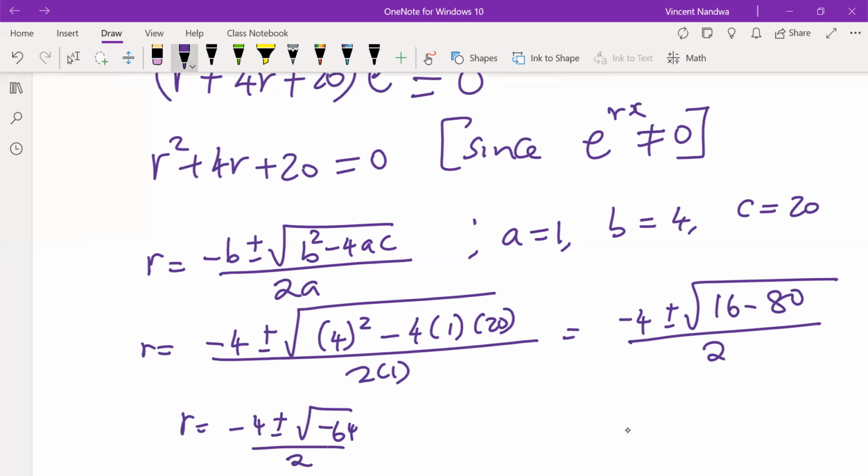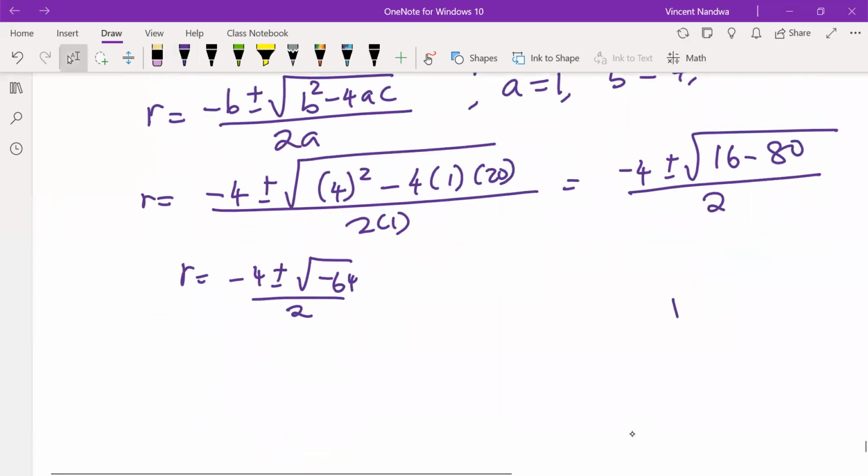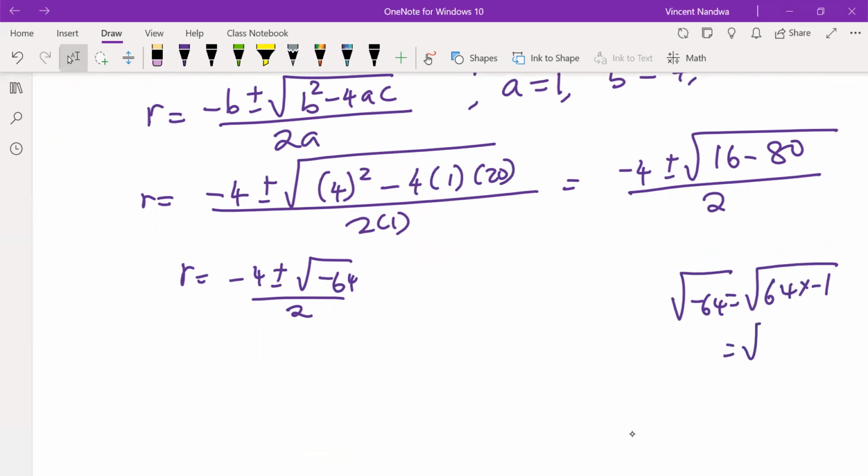Over 2. Remember, square root of minus 64 is like square root of 64 times minus 1, which is square root of 64 times square root of negative 1. The square root of 64 is plus or minus 8. Square root of negative 1 by definition is i.